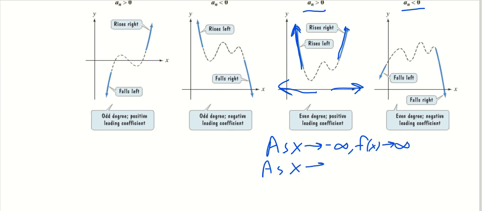Also, as x approaches positive infinity, in other words, as we go over here far to the right, we see that the graph keeps going up and up and up. So we would say that f of x approaches positive infinity. In the textbook, sometimes you'll see them use the shortcut notation up and up. This just means that the graph approaches positive infinity to the left, and it approaches positive infinity to the right.